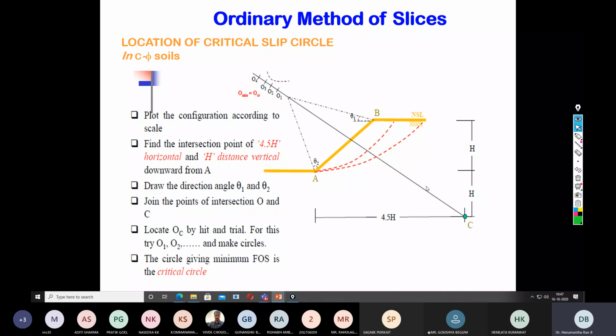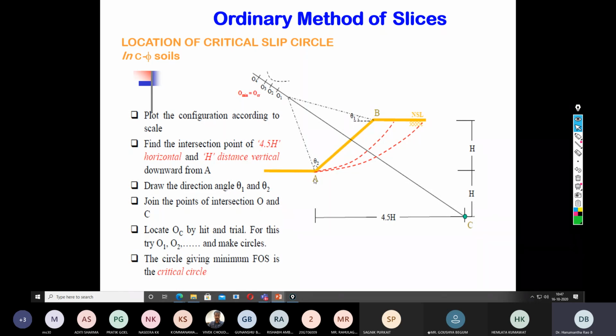So in this case, you first draw a horizontal line below the base of the embankment, at a depth of 2 times the height of the embankment, as demonstrated here. Then you need to draw two lines from A and B with angles theta 1 and theta 2.